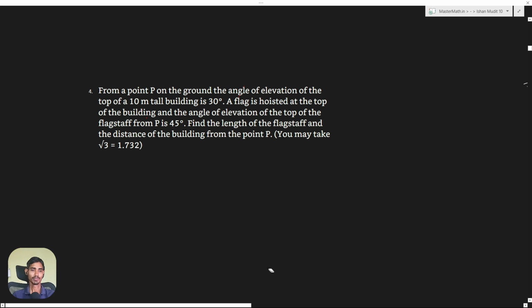From point P on the ground, the angle of elevation of a 10-meter tall building AB is 30 degree.